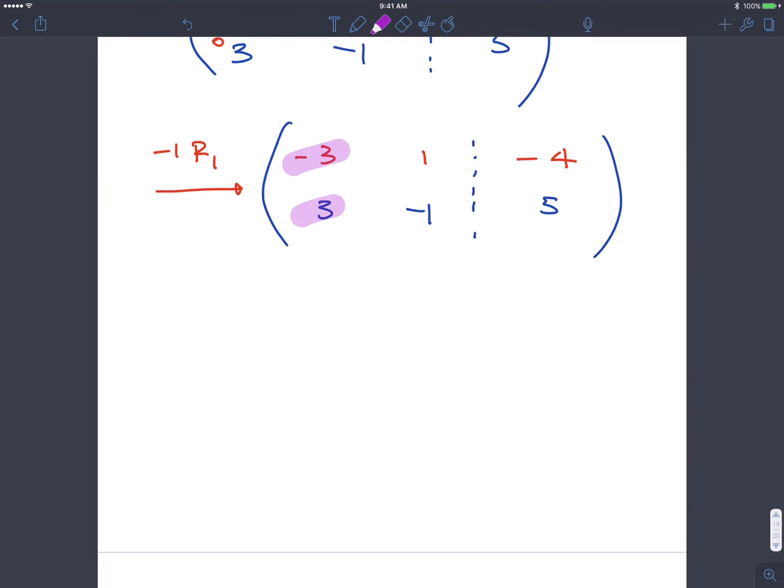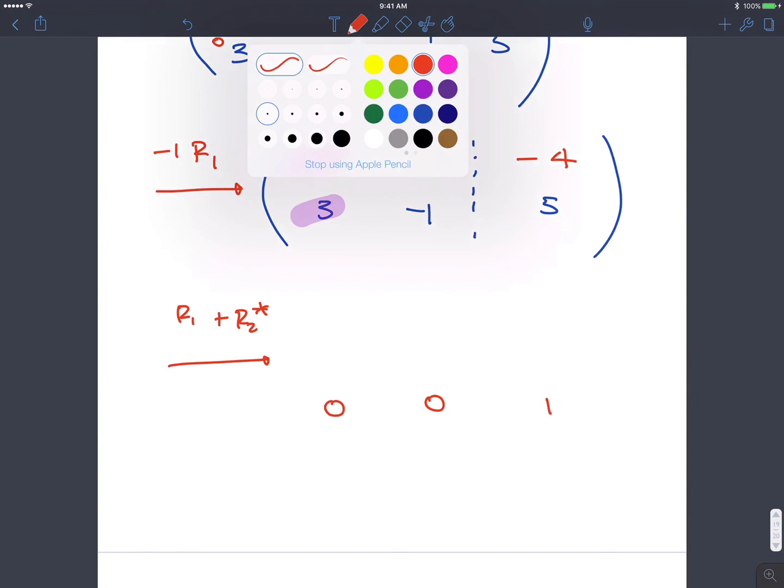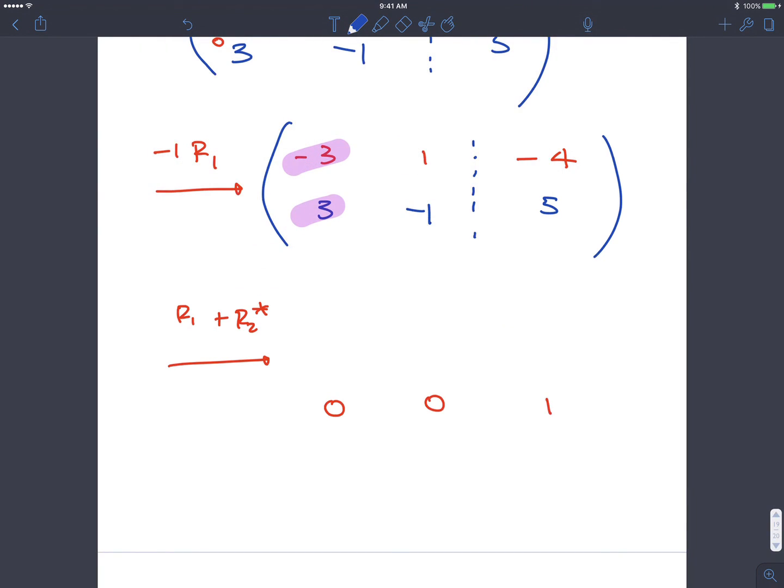Row 1 added with row 2 gives me a 0 entry in this corner. 0, 0, +1 now. The top row stays the same. -3, 1, -4.